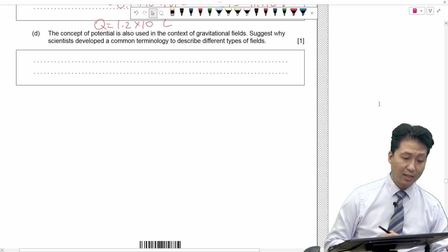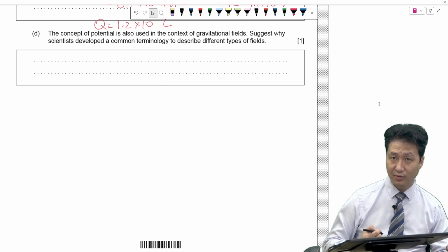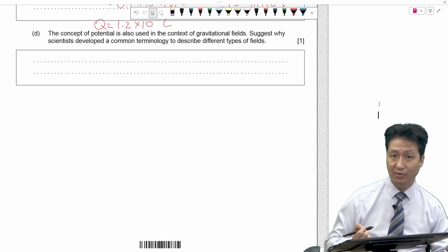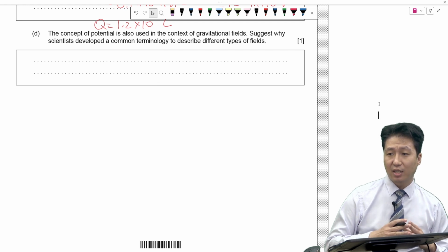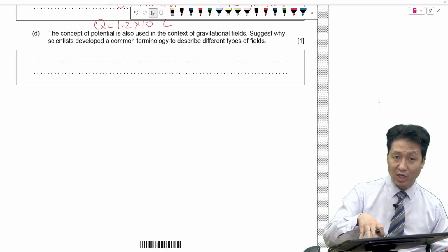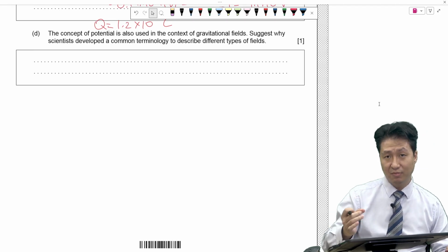Part D, the concept of potential is also used in the concept of gravitational fields, suggests why scientists developed a common terminology to describe different types of fields. Well, even though gravitational potential and electric potential are different concepts, they function similarly.